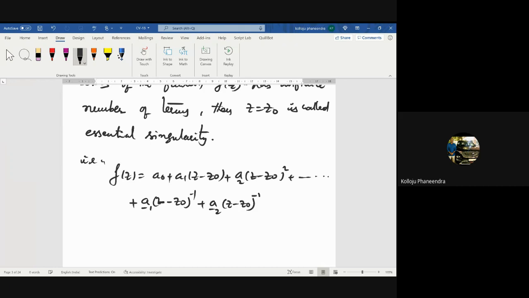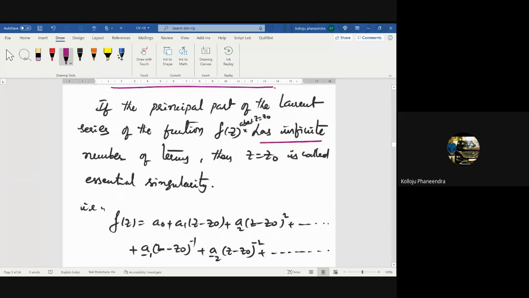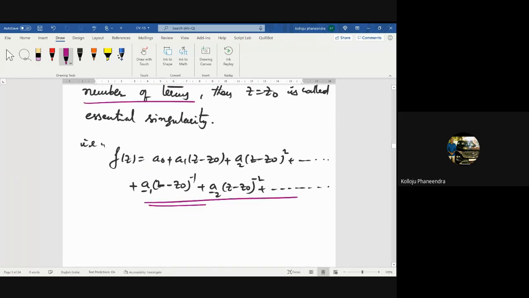Pole means only finite. This is clearly mentioned. If the principal part, meaning negative power terms, contains an infinite number of terms, then that is called an essential singular point.